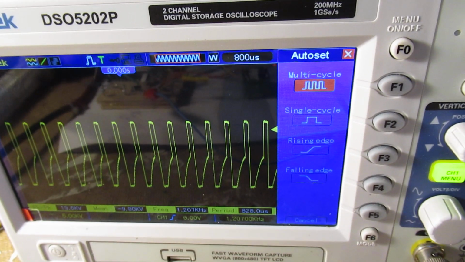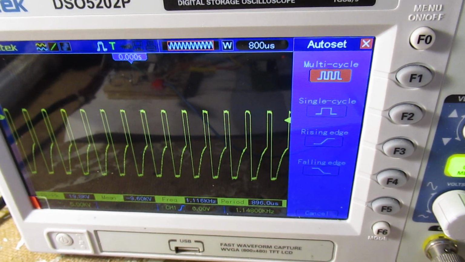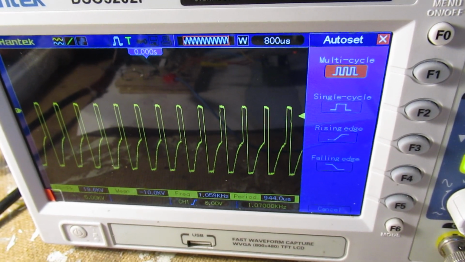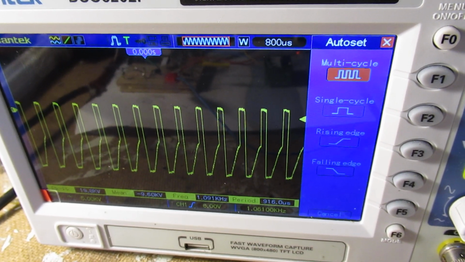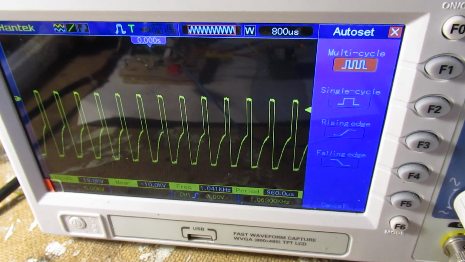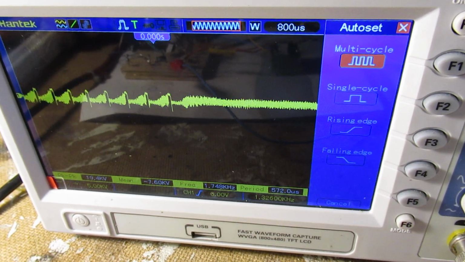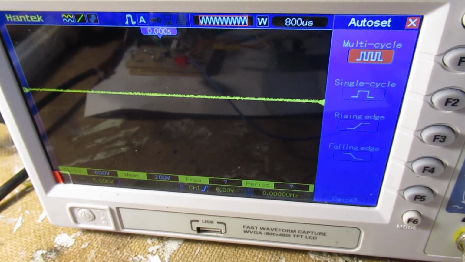Anyway, turning the potentiometer again, let's see. Tiny changes in that potentiometer value. Frequency goes down, frequency goes up. Now the oscillation stops.